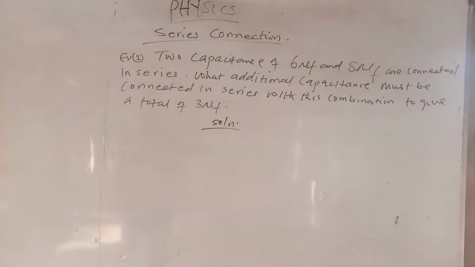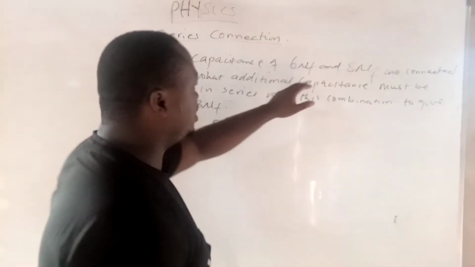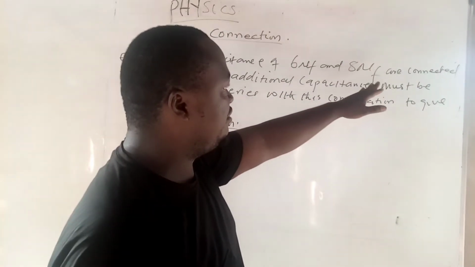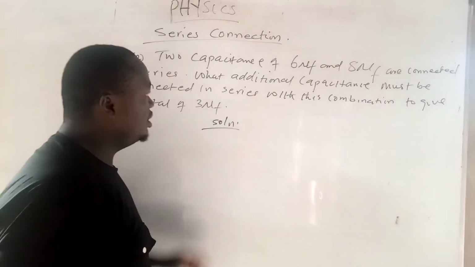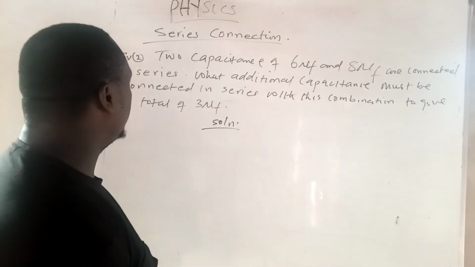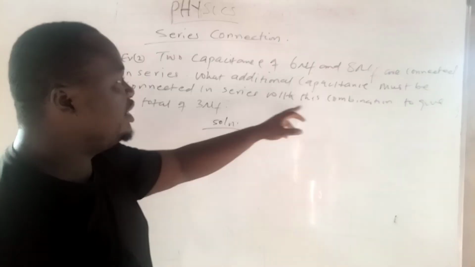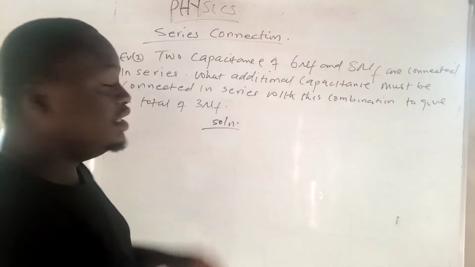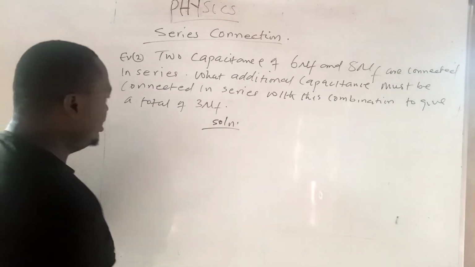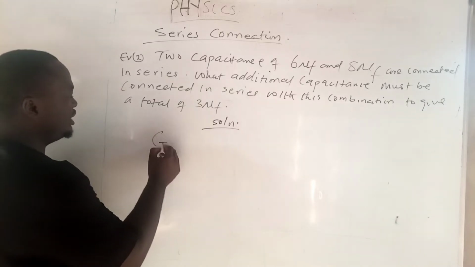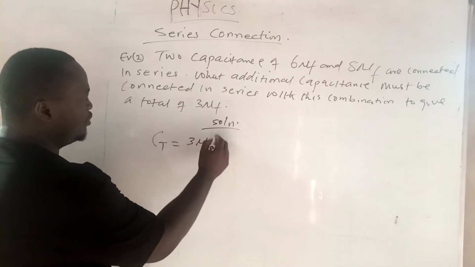Let's go. Number 2. Two capacitors of 6 microfarad and 8 microfarad are connected in series. What additional capacitance must be connected in series with this combination to give 3 microfarad? Now, remember, the total capacitance they gave us is 3 microfarad.